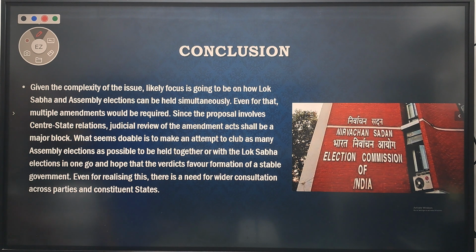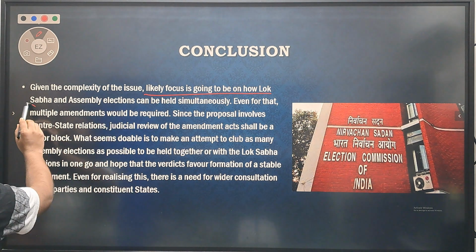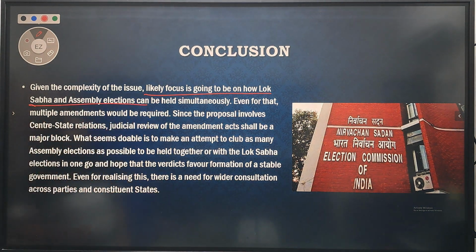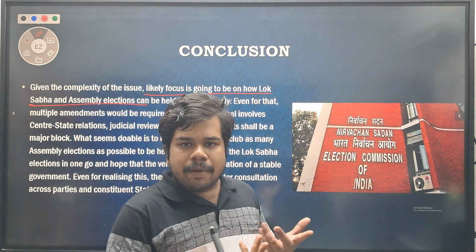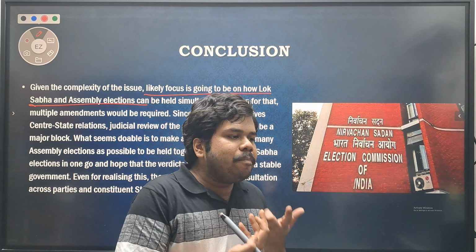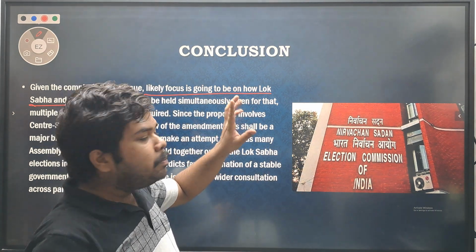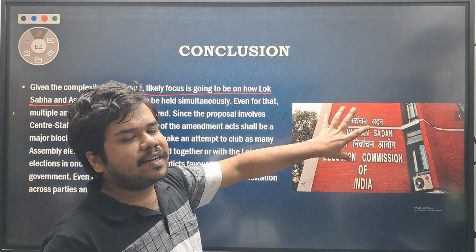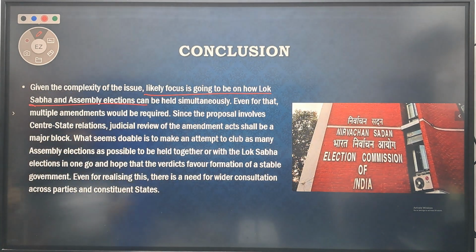Given the complexity of the issue, the likely focus is going to be on how Lok Sabha and assembly elections can be held simultaneously. So, if we cannot implement 3 tiers of election at the same time, at least the government is looking for implementation of 2 tiers of election together. Means Lok Sabha elections and state assembly elections at the same point of time, or simultaneously.